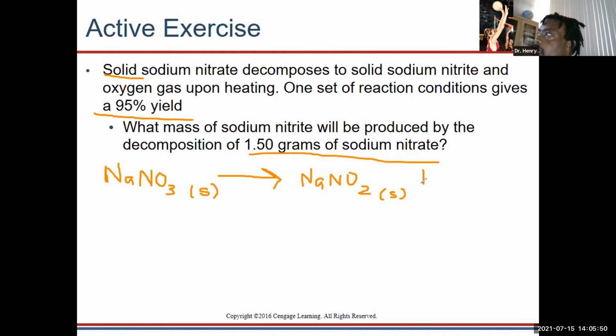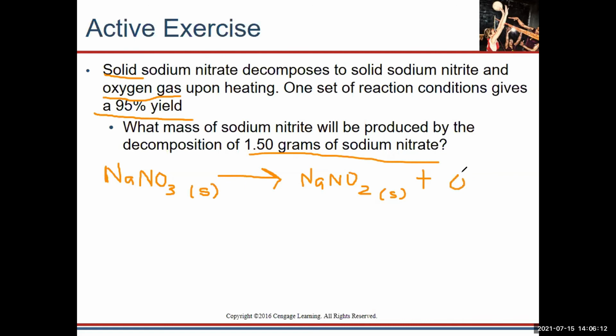And we're also making, what else are we making? What is the chemical formula for oxygen gas? Are you sure? O2.